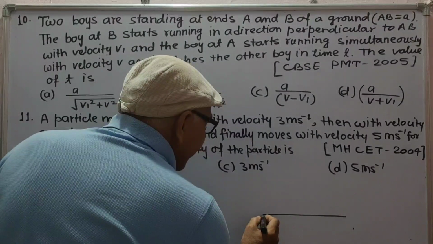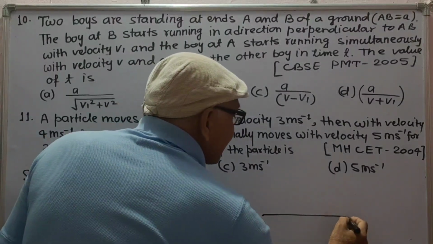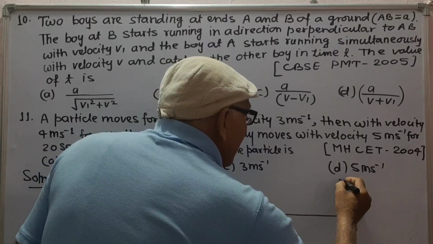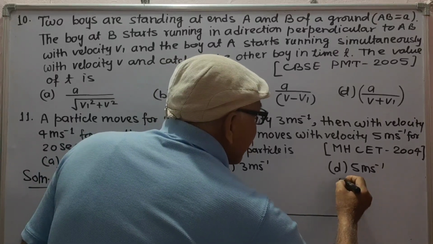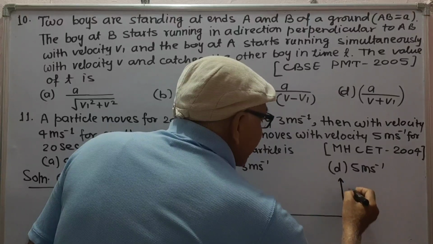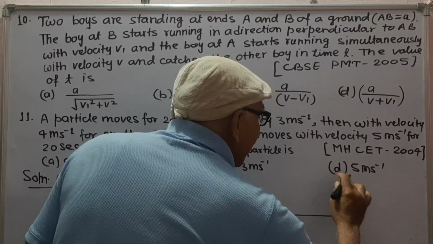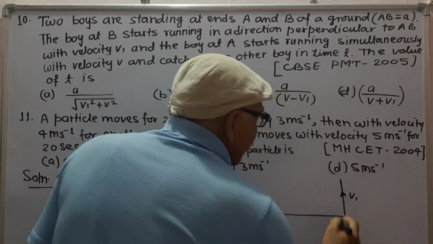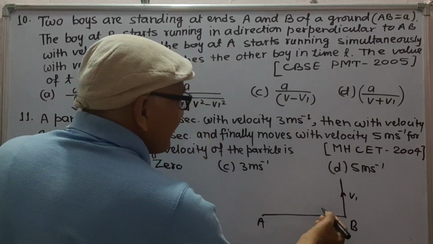Suppose this is point A and this is point B. Boy at B runs with velocity v1 perpendicular to AB.